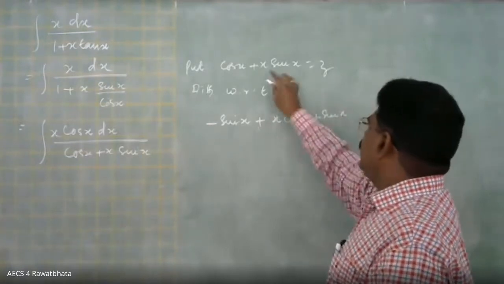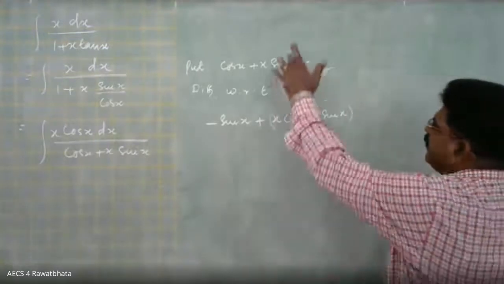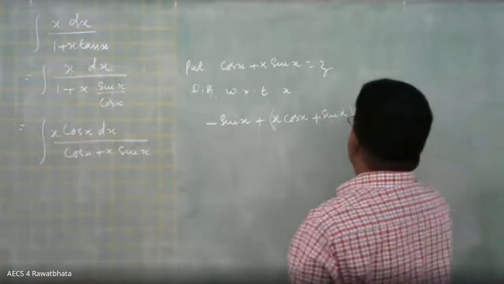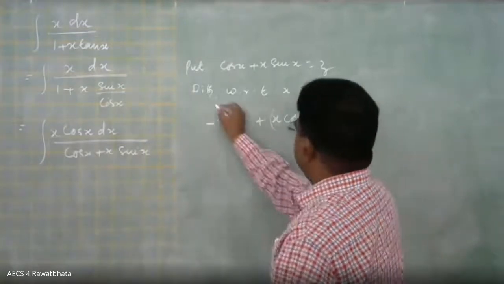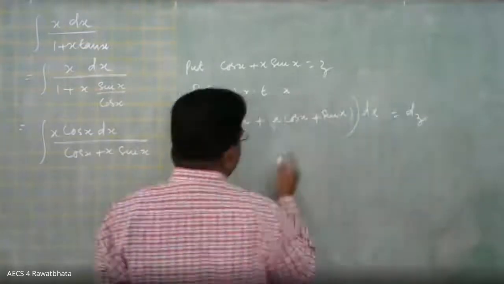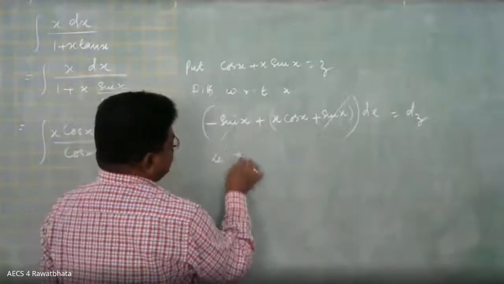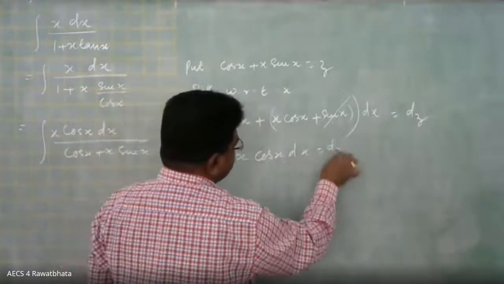Product rule: the differentiation of x sin x is x cos x plus sin x. And here dx becomes dz. Now open the bracket: minus sin x plus sin x cancel. That is x cos x dx is dz.